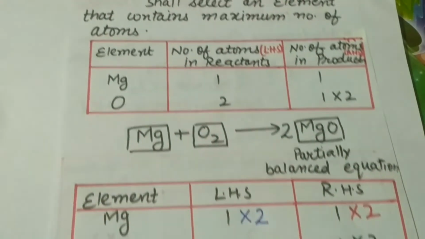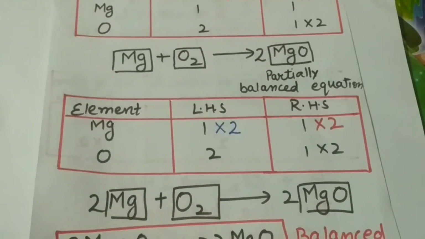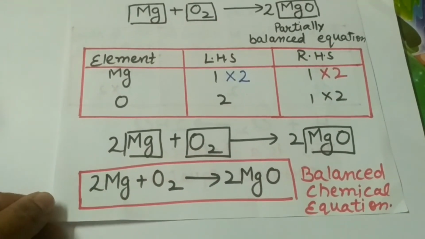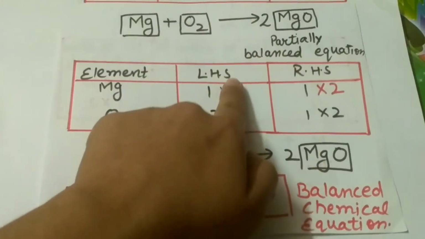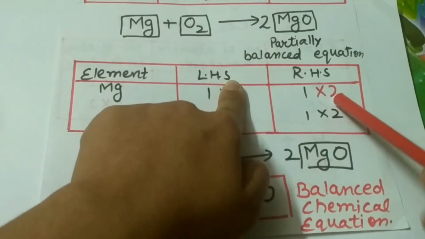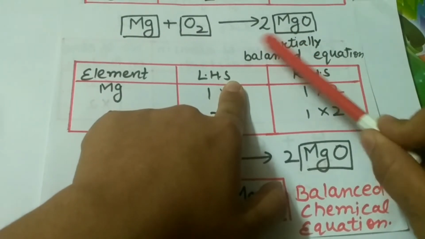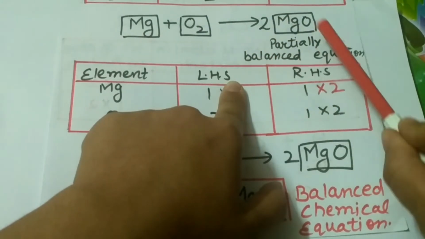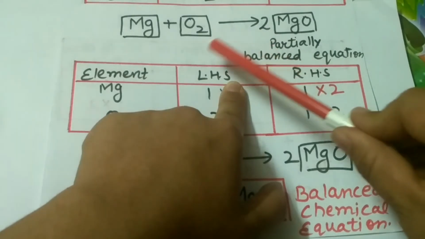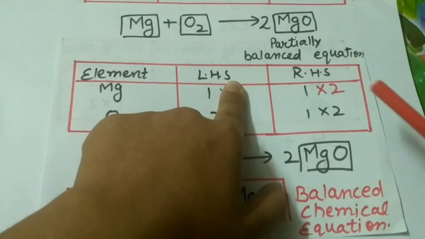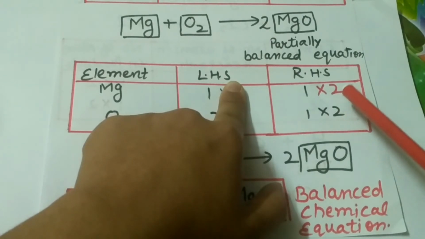In order to balance it, we have to do the multiplication again. Now I have multiplied the right hand side also with 2, because here magnesium got 2 atoms and oxygen also contains 2 atoms. Oxygen is now balanced. In order to balance magnesium, I have multiplied the right hand side with 2.